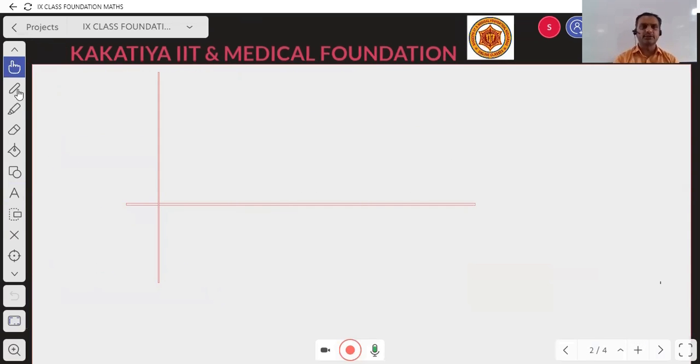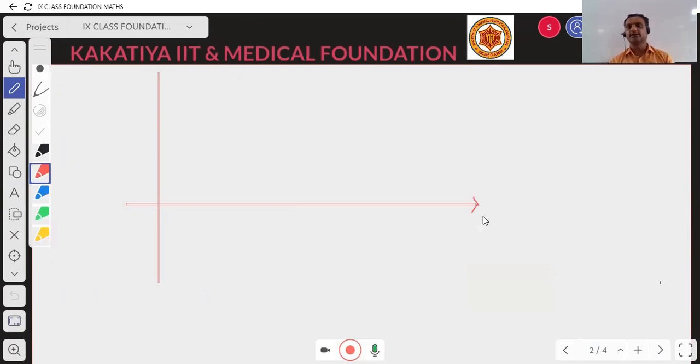Okay, so here in our coordinate plane, as we know, this is the horizontal line, x-axis, and this is the vertical line, y-axis. Okay, so here, for example, if I have a point, in general, I'm not taking any numbers over there.